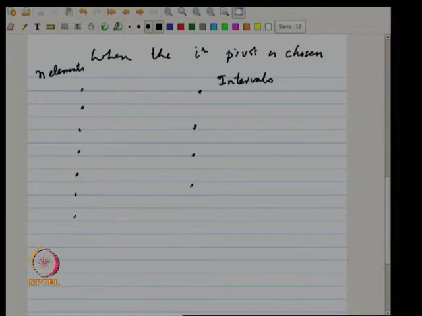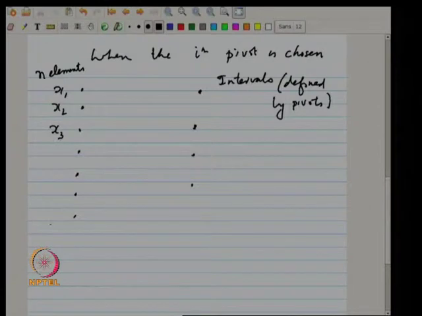These intervals are being defined by the pivots. So, these are elements x1, x2, x3 all the way up to xn.